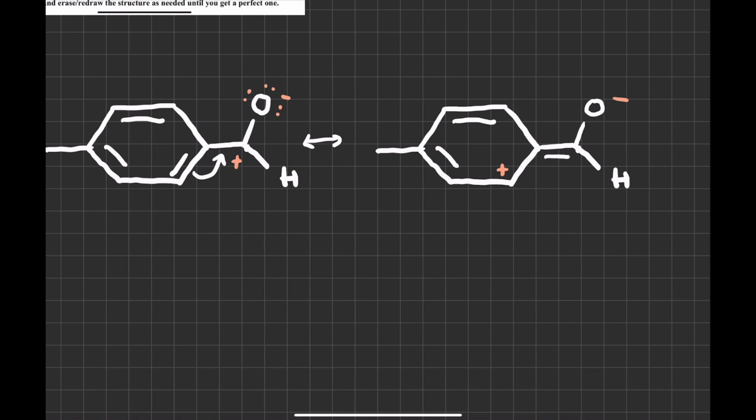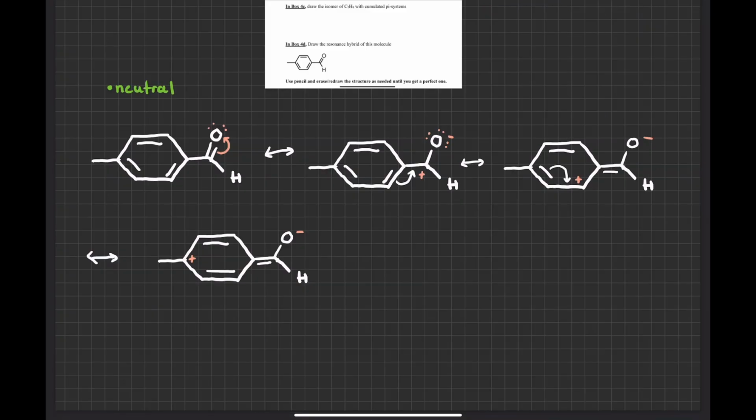We can still move the positive charge around. The resulting resonance form looks like this. And similarly, the pi bond moves into this direction and the charge goes into the counter direction, which is why it is located on this carbon here.